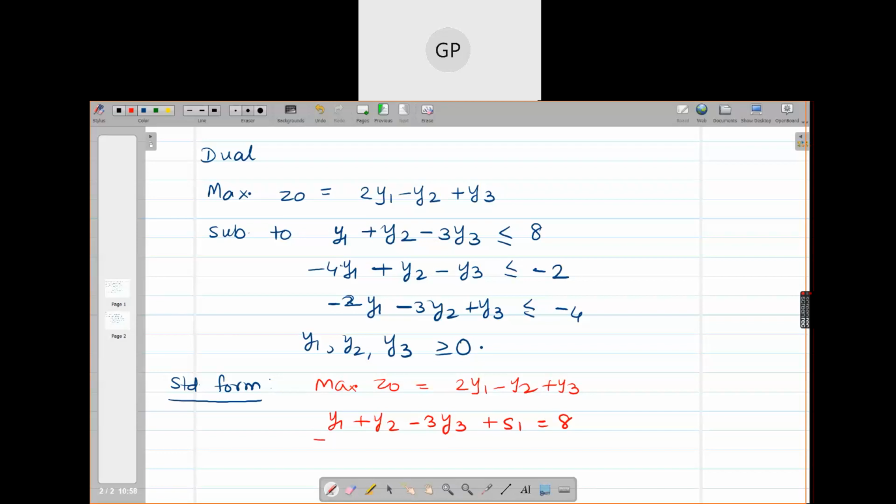Next, minus 4y1 plus y2 minus y3 plus S2 is equal to minus 2. Minus 2y1 minus 3y2 plus y3 plus S3 is equal to minus 4.